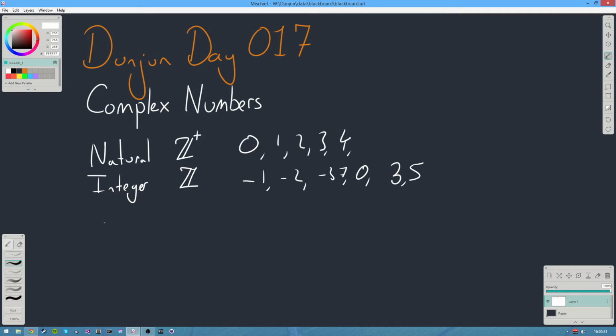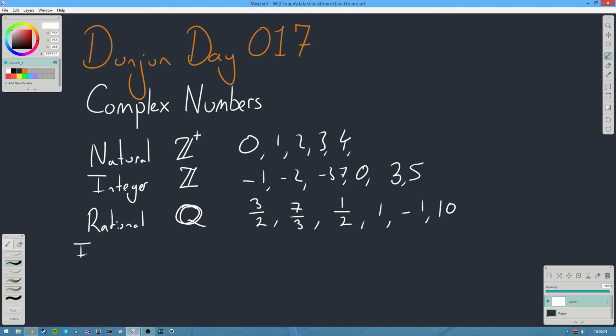We also have the rational numbers, and this is usually denoted with a blackface Q. So rational numbers could be like 3 over 2, 7 over 3, 1 over 2, 1, -1, 10 as well, etc. So these are the fractions, stuff we can express as a fraction.